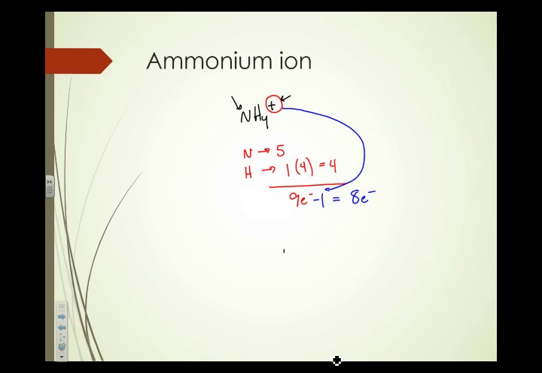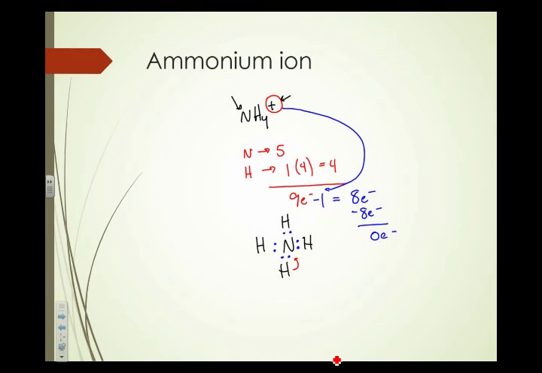Nitrogen is written first in my formula, and hydrogen is never a central atom, so I put nitrogen in the middle. I have 8 electrons to work with. I put 2 here to make that bond, 2 to make that bond, 2 there, and at that point, I've used up all of my electrons. I can check: does everybody have access to what they need?